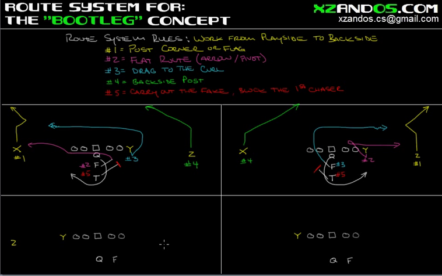The Z, I'm going to bring the tailback out into a slot, and the X, Z, the tailback, and the X. Again, let's say we have motion or a play going to the right.